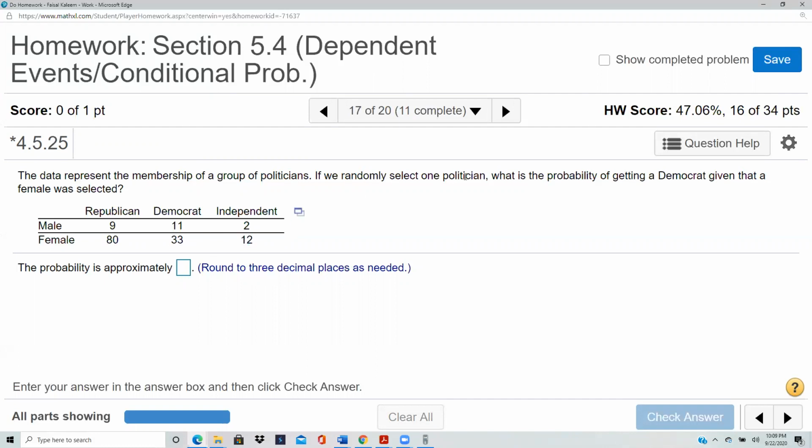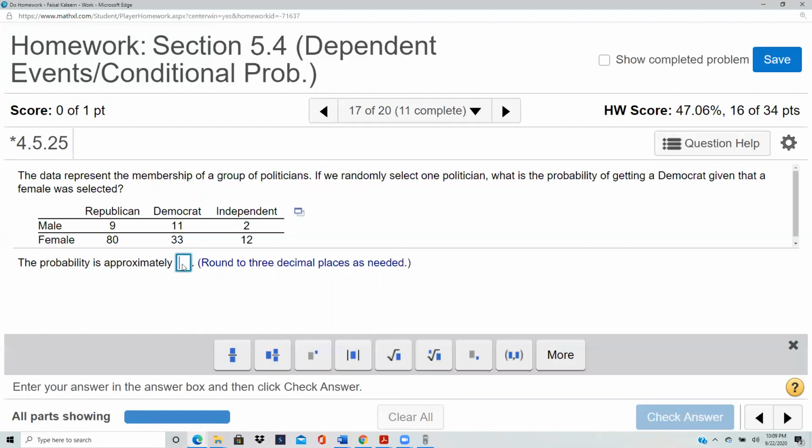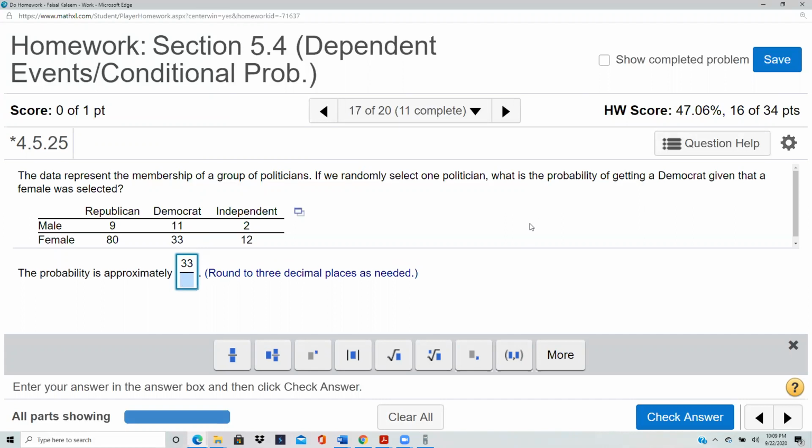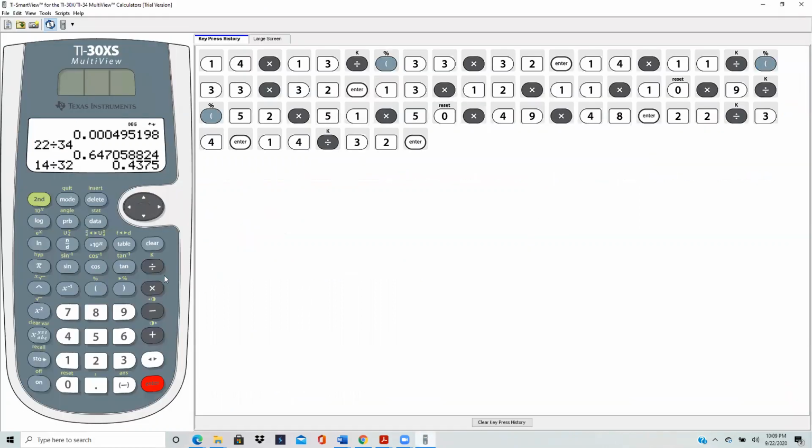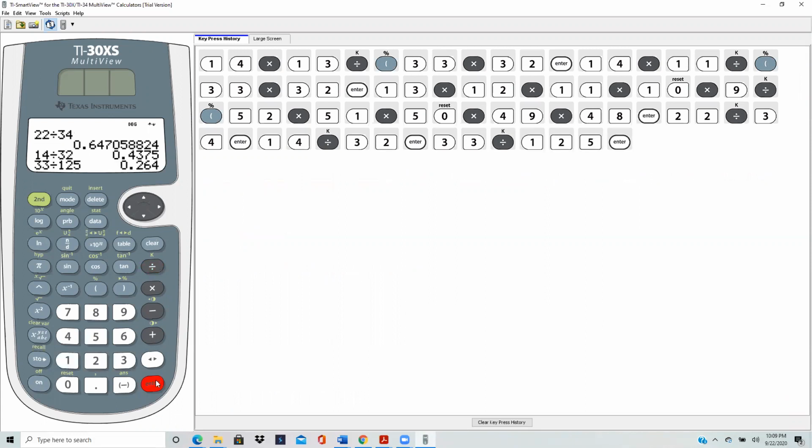And among them, what we want is the probability of getting a Democrat. Among them, there are 33 Democrats. So 33 Democrats divided by all the females, which is 125. So 33 divided by 125 is 0.264.